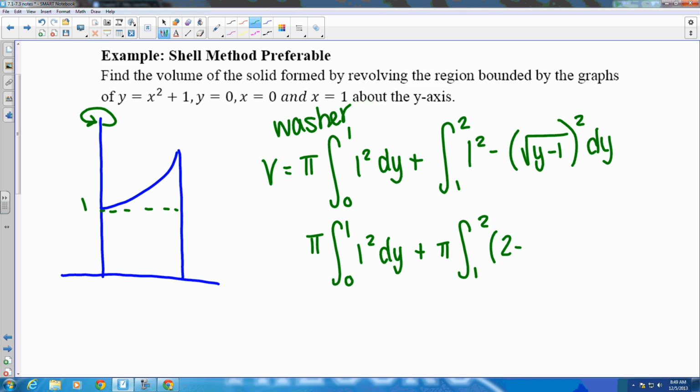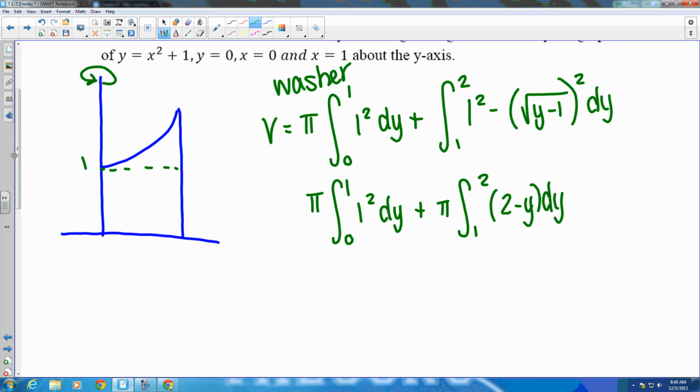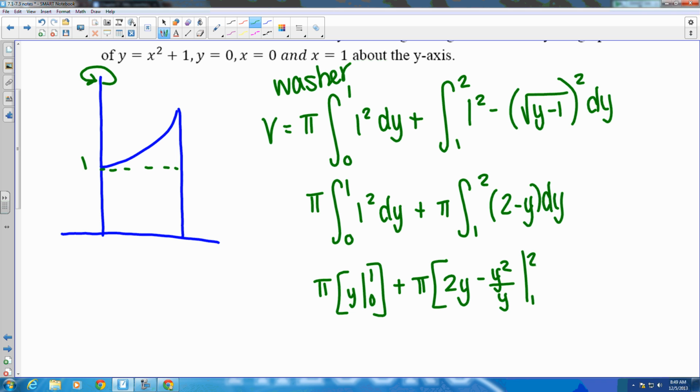Okay, I'm going quickly because we did this in the last section. Take the integral of it. We have y from 0 to 1, and we have 2y minus y squared over 2 from 1 to 2. We got 3 pi over 2.